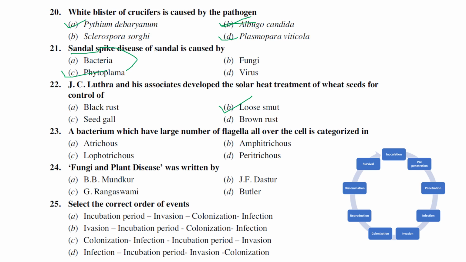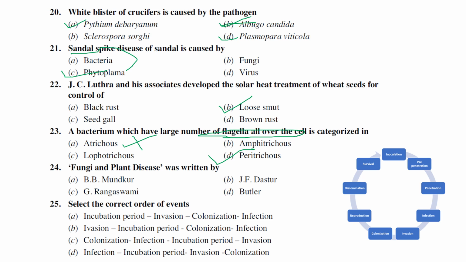A bacterium which has a large number of flagella all over the body, over the cell, is organized as peritrichous. Flagella all over the body is known as peritrichous. Atrichous means no flagella, A means no. Monotrichous means one flagellum at one side.